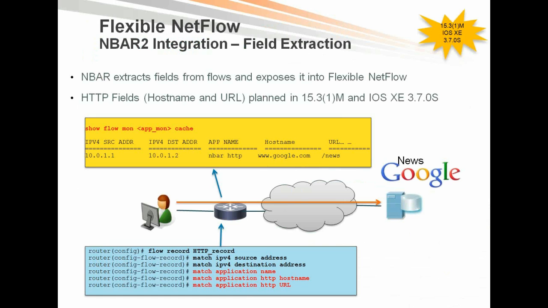Now, flexible NetFlow with NBAR2 integration also adds on field extraction. So for those of you who have problems with HTTP, considering everything runs over HTTP these days, you can use FNF integrated with NBAR2 to extract fields via NBAR into FNF and export that to ManageEngine. So what you'll do is specify the match application name and then the HTTP host name and the URL.